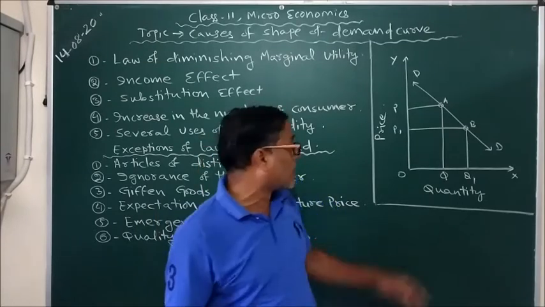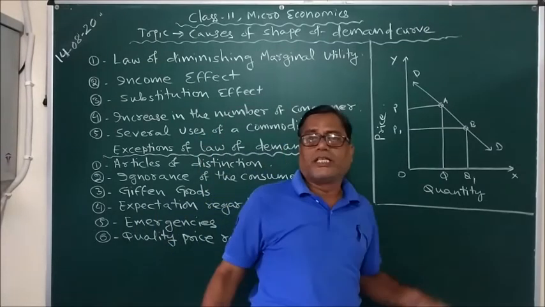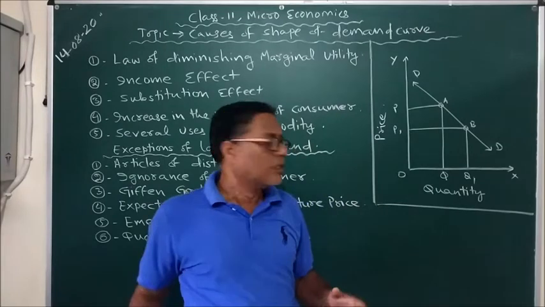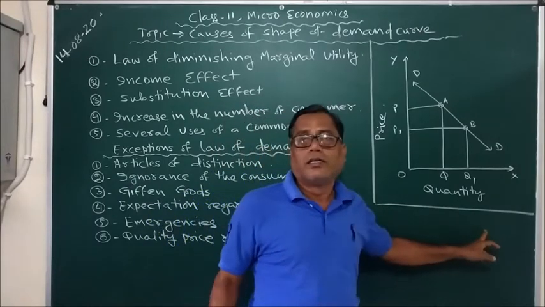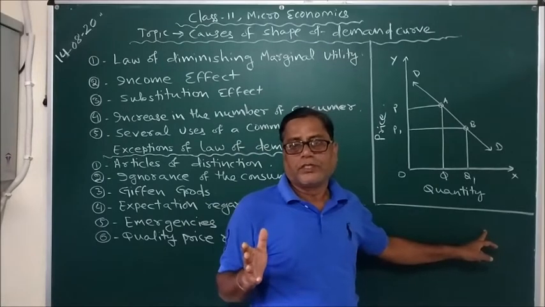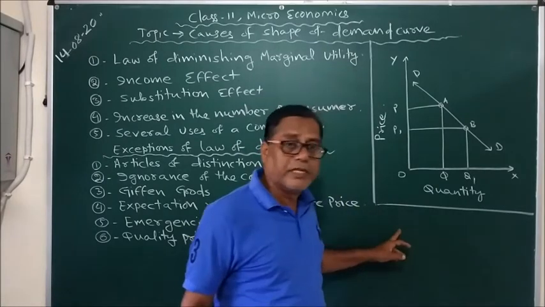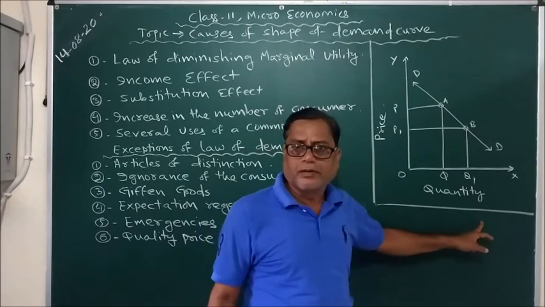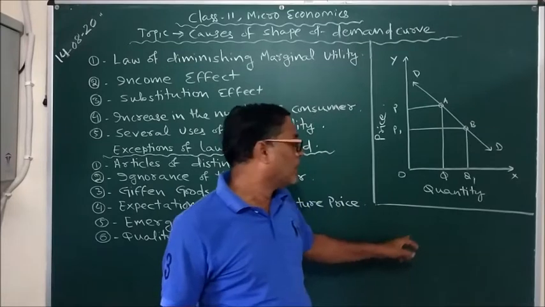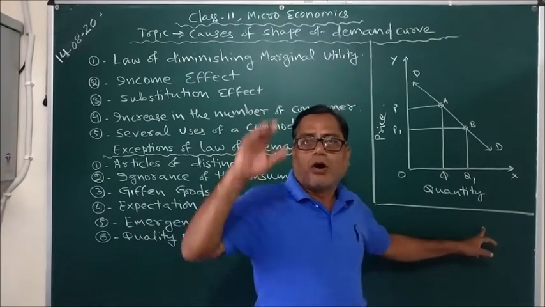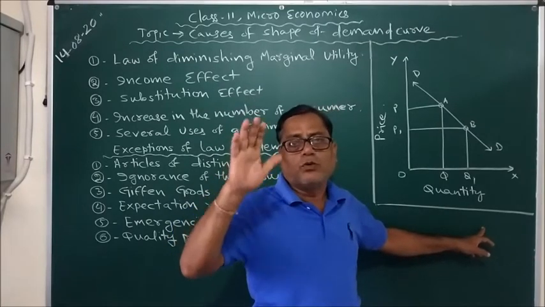Just try to understand how. Suppose with his available income, the consumer is spending 50 rupees to buy 1 kilo of apple that costs 50 rupees. Now the price of apple falls from 50 to 30.